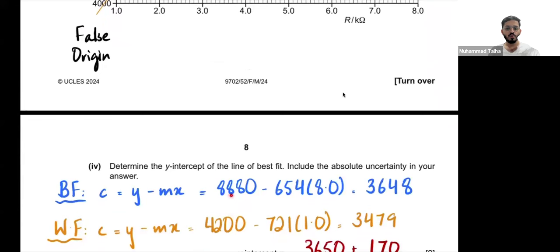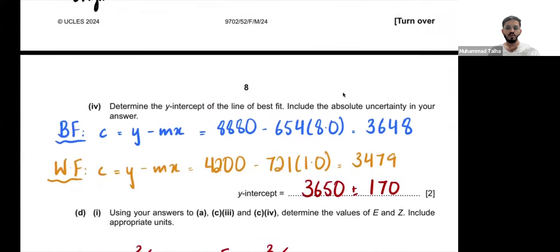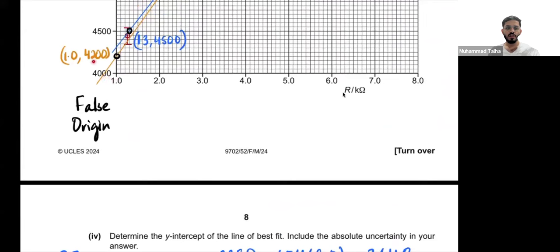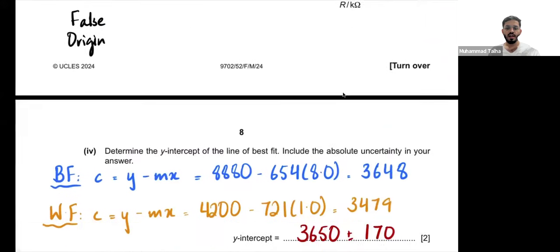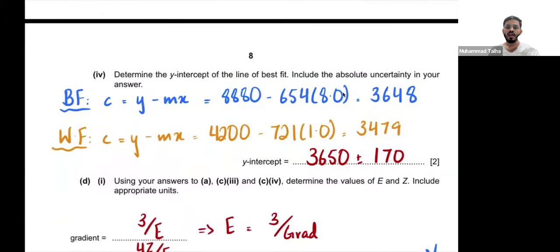So 8880 was y minus the gradient times x, turns out to be 3648. Exactly the same process for this. I have the gradient. I use these points. 4200 is my y, 1 is my x, and the gradient, plugging all this in, I get this as the worst fit y-intercept. And the difference between the two is going to be the uncertainty here, right?